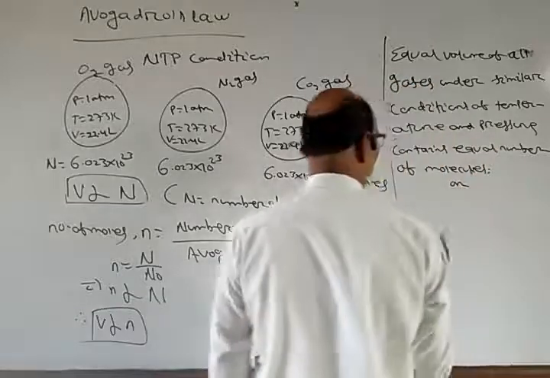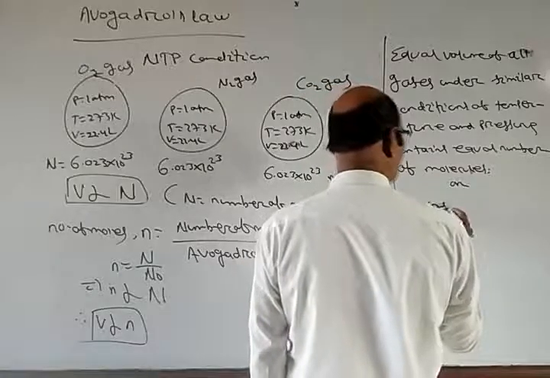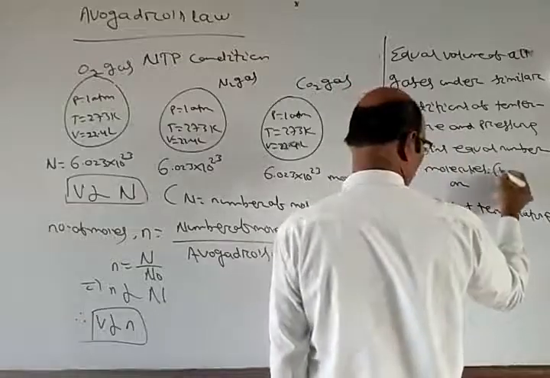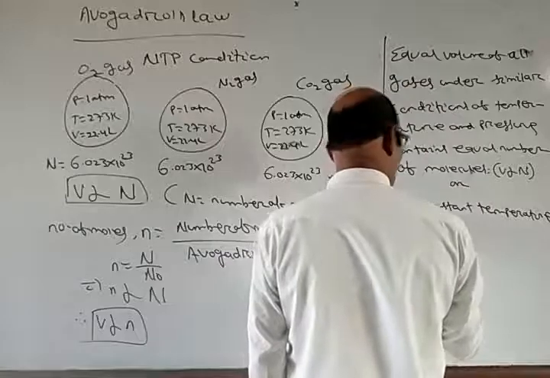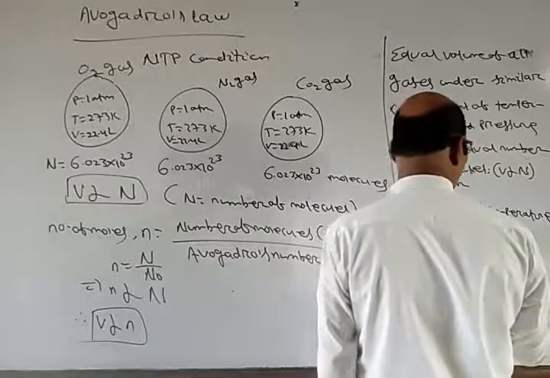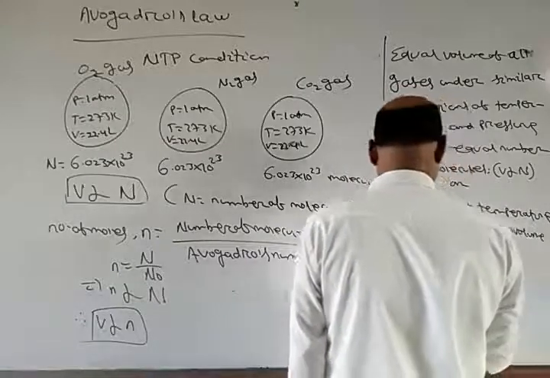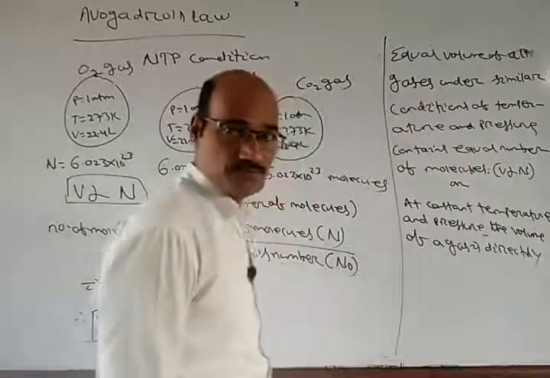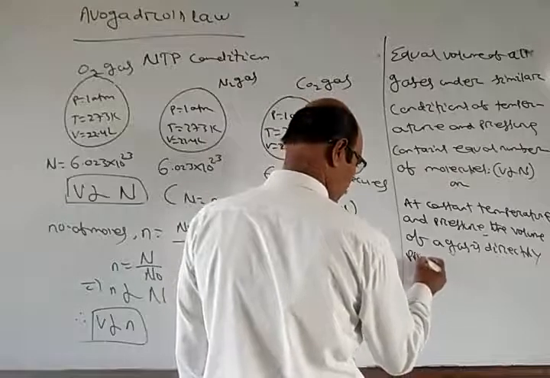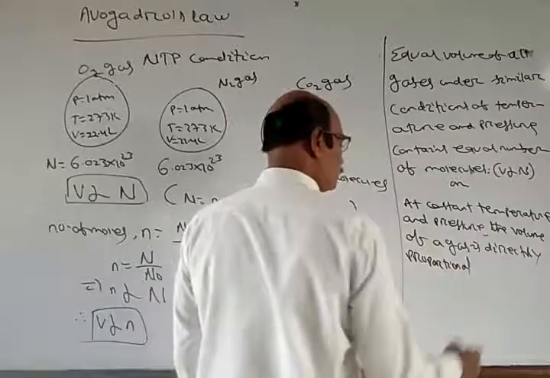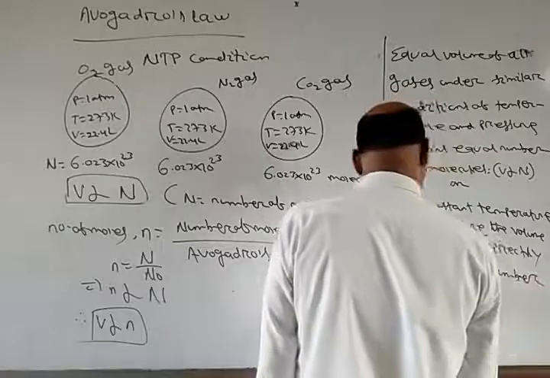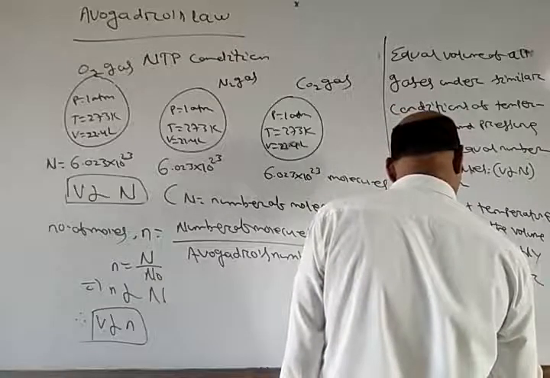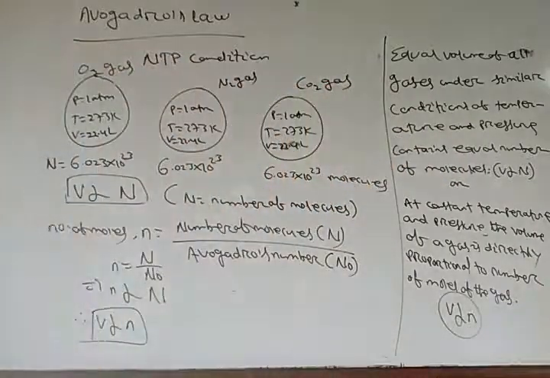Or you can say, at constant temperature and pressure, the volume of a gas is directly proportional to the number of moles of the gas, V proportional to n. So this is the Avogadro's law.